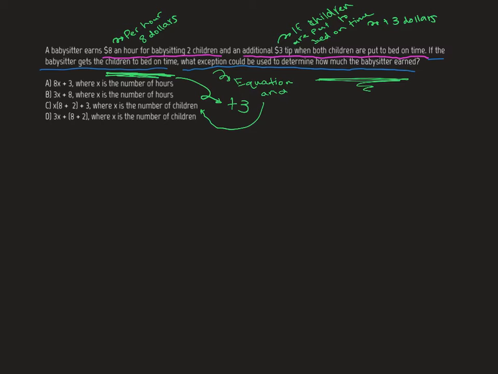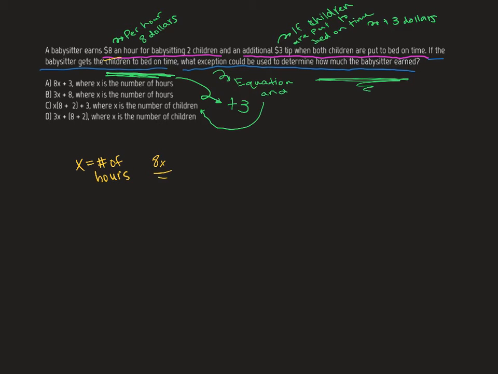Now let's solve for it. You've got per hour $8. So what does that mean? That means $8 for X hours. We're not specifically given the hours, so X is equal to the number of hours.